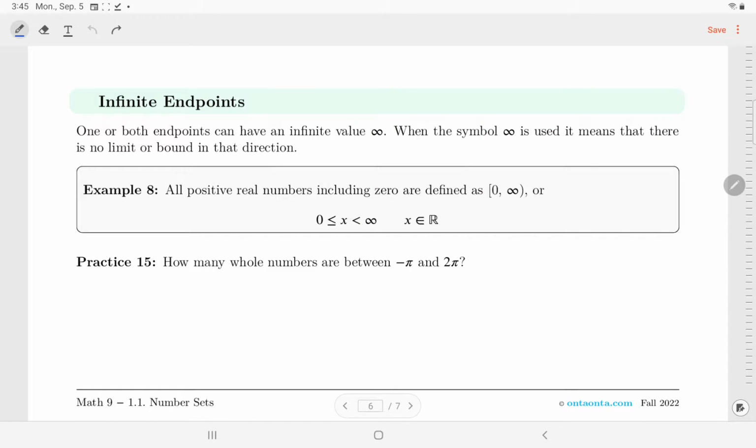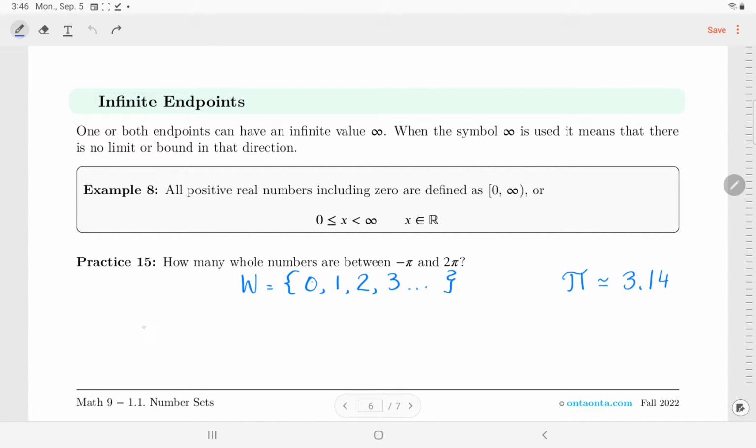How many whole numbers are between -pi and 2pi? So first we have to remember that whole numbers start from 0 and they're whole integers, positive integers. We also have to remember that pi is approximately 3.14.